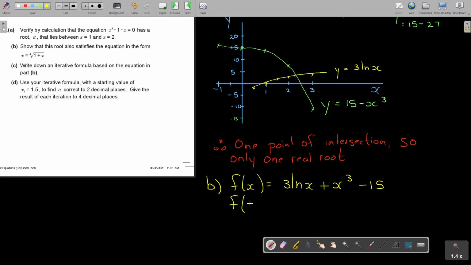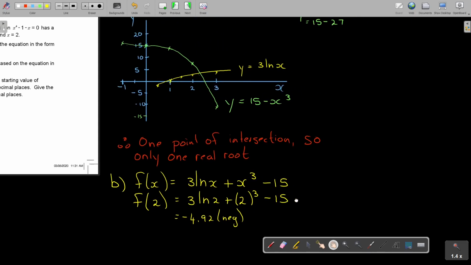So if I substitute that root 2, and I just take my calculator, and I say 3 ln 2 plus 2 to the power of 3, minus 15. And keep to 3 significant figures, negative 4.92. Just take note, it's negative.